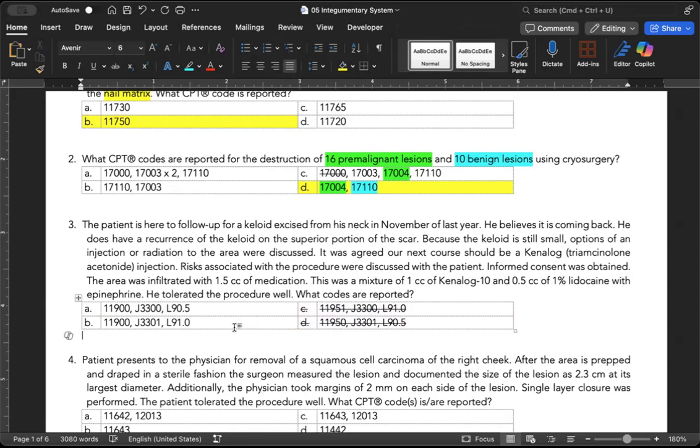And then let's go to our HCPCS manual, so that way we're getting used to looking at HCPCS codes. And let's go look at J3300 versus J3301.